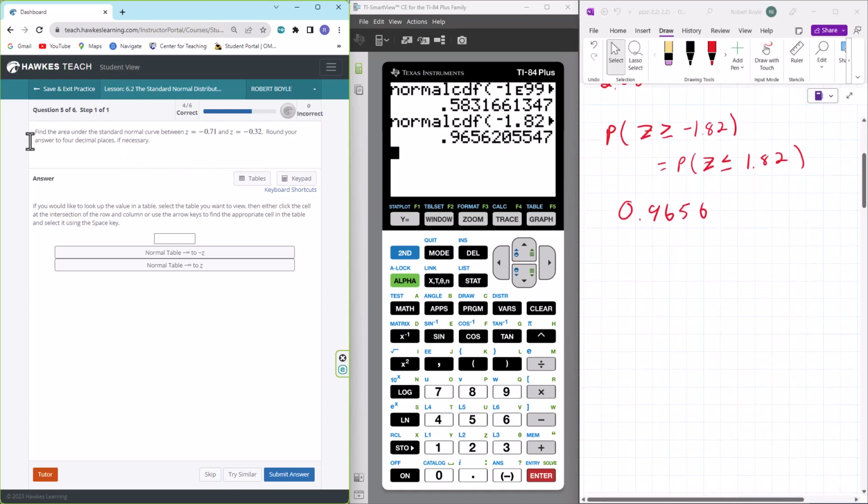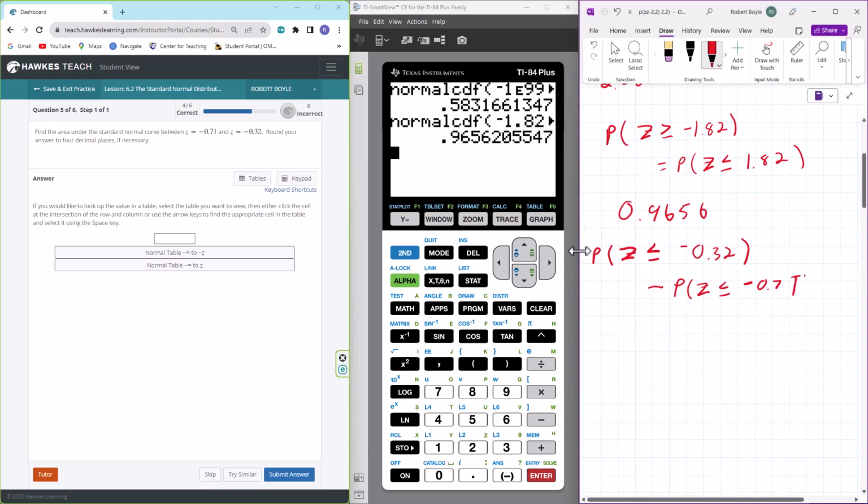Okay, so remember, the area under the curve is going to be equal to the probability that z is less than or equal to negative 0.32 minus the probability that z is less than or equal to negative 0.71.